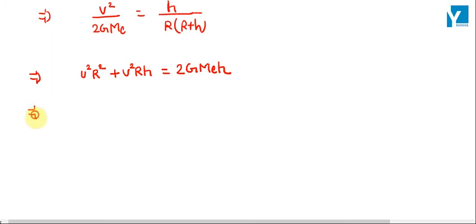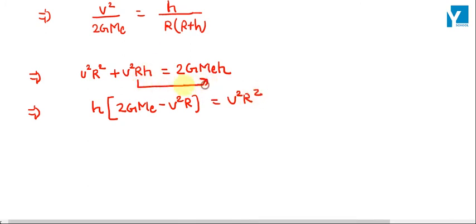And this is further equal to h times 2 G M_e minus v square R is equal to v square R square. This simply comes when we take h common from both the terms, and this remaining factor remains in the parentheses.